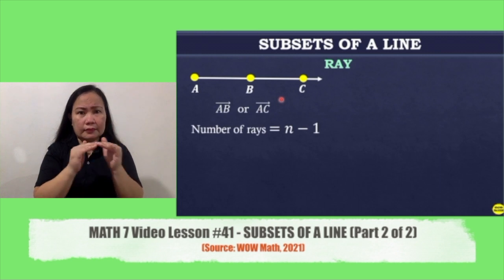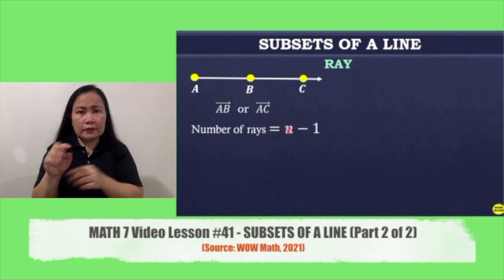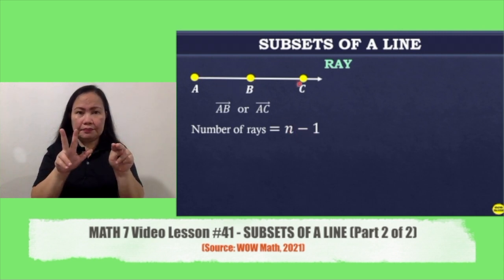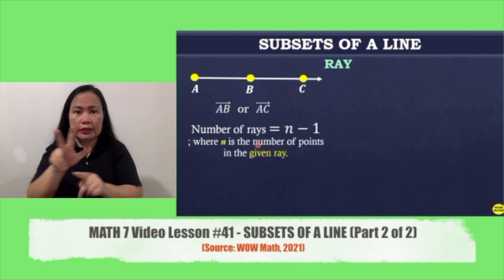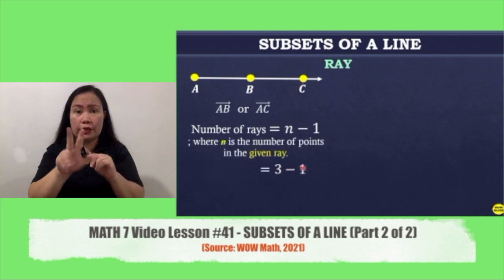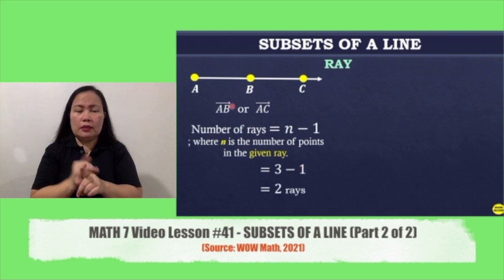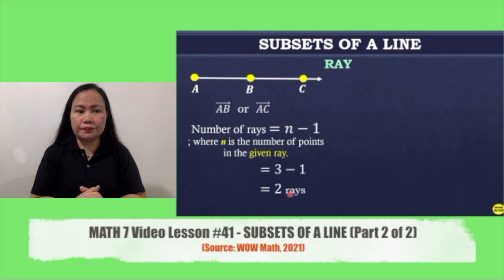Para malaman natin yung bilang ng rays, you can use n minus 1, where n is the number of points. So, yung n natin dito is 3. Okay? So, 3 minus 1, so that is 2. That's why we have 2 rays here. So, 1, 2. 2 rays po meron tayo.